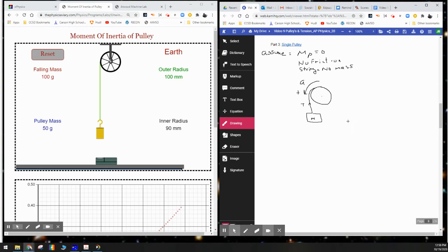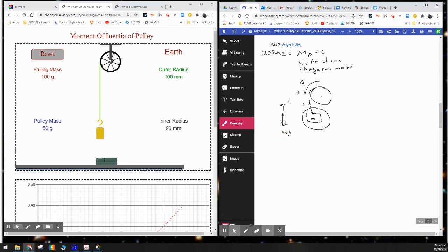When we do our analysis, here's our system. We're going to circle this, and we only care about what's happening inside the circle. In fact, we're going to assume that all the forces act on this point right here. So I have tension acting in this direction, and we also have mg acting in this direction.